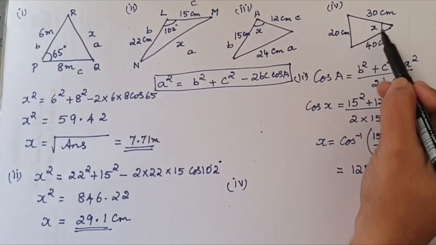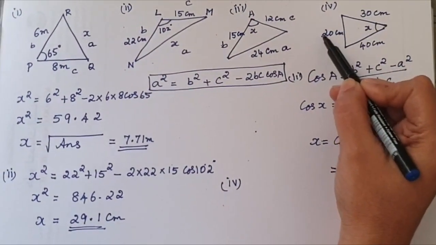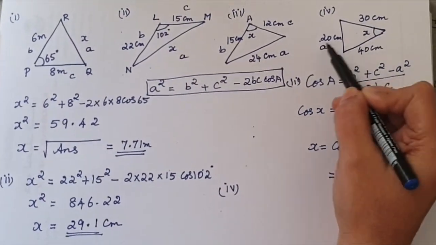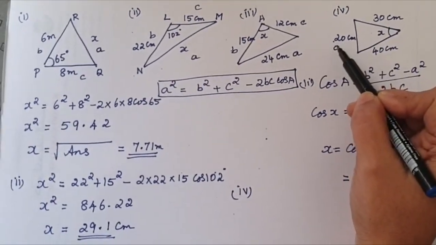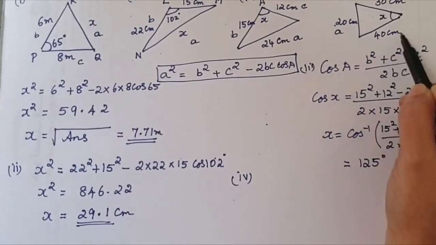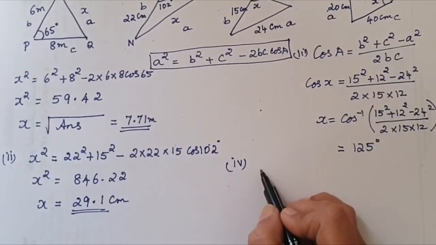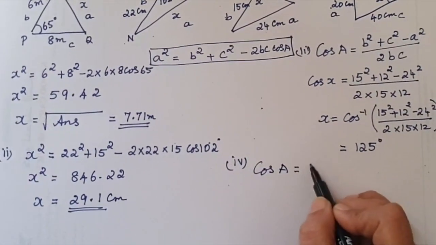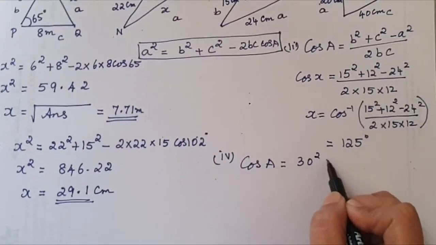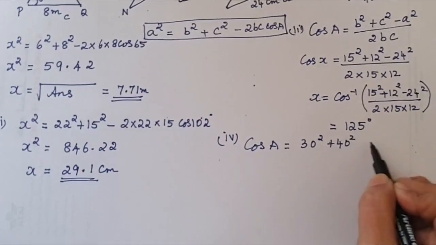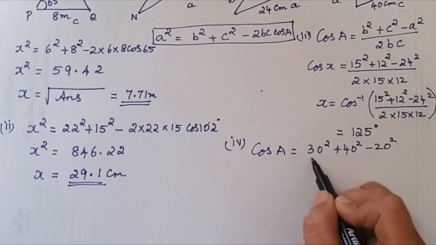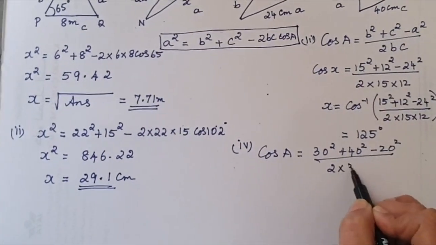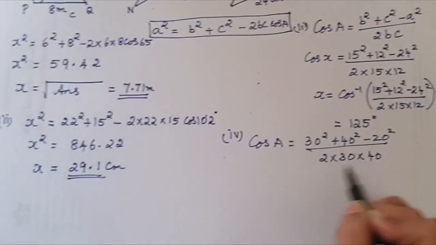For the fourth question, this is the angle which you need to find. So automatically this will be A. The side opposite to the angle is A. And so this is our B and this is our C. Now apply the formula. Cos A equals B squared, that is 30 squared plus 40 squared minus 20 squared divided by 2 multiplied by 30 multiplied by 40.